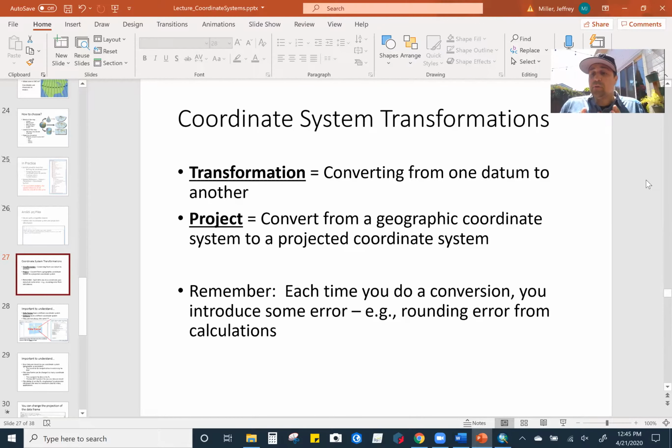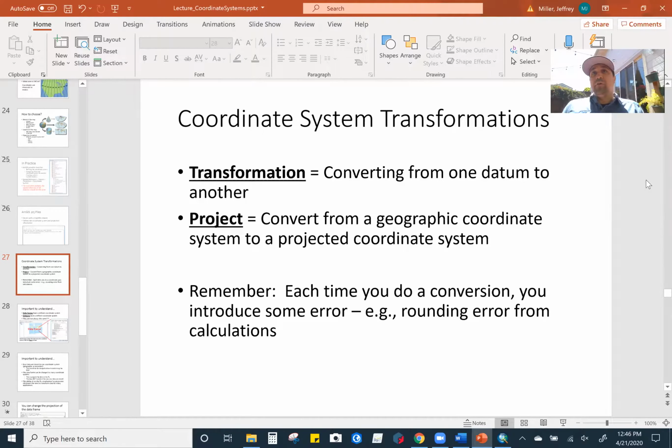These are actual technical terms, and there are tools in ArcMap. If you type in either one of these in the search bar, both of these will come up as various tools. So you could take the data you have and transform it to some other type of datum, or you can do what's called a project. Not project, but project, and that would be to convert from a geographic coordinate system like a latitude longitude to a projected coordinate system like a UTM.